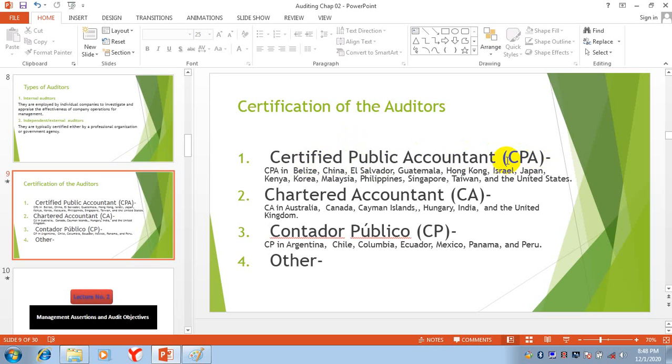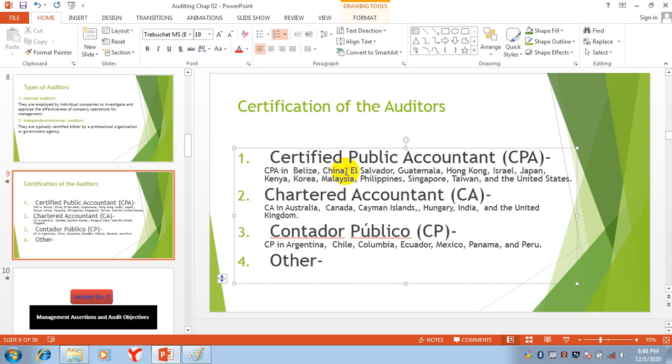CPA is in Belize, China, El Salvador, Guatemala, Hong Kong, Israel, Japan, Kenya, Korea, Malaysia, Philippines, Singapore, Taiwan, and the United States.